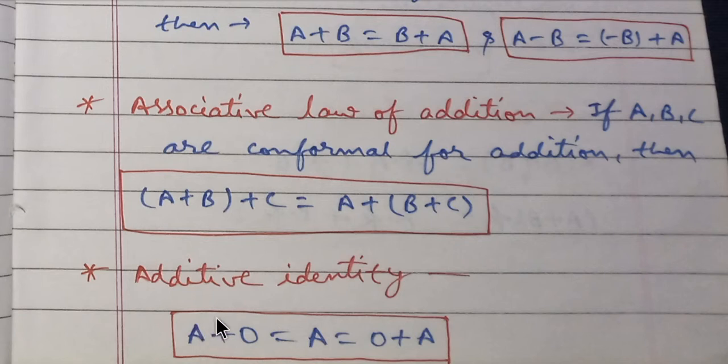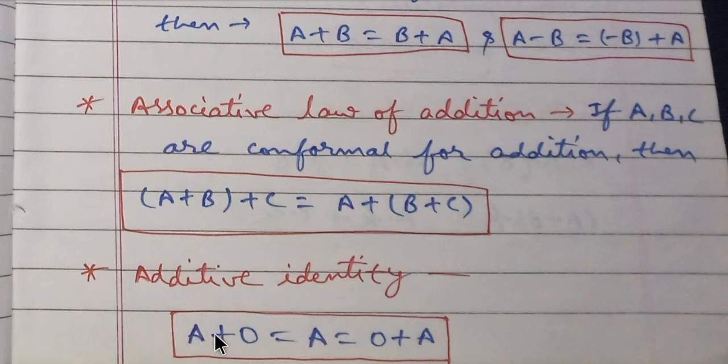We have to find the additive identity, which means what we have to add to A so that the result is A itself. Only 0 can be added to A and we get A itself. So 0 will be the additive identity for this matrix A.